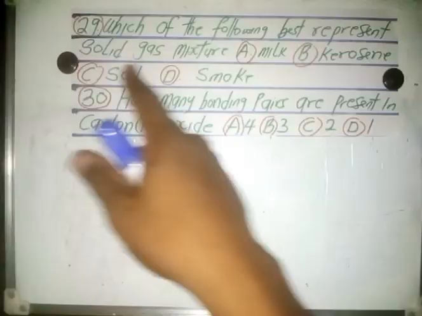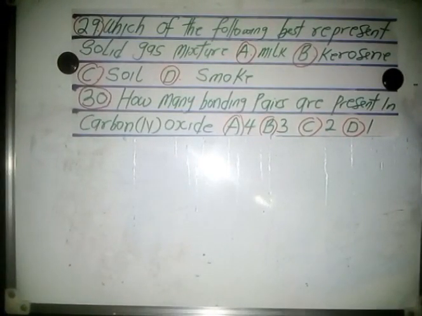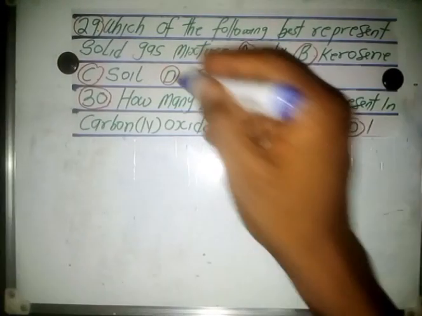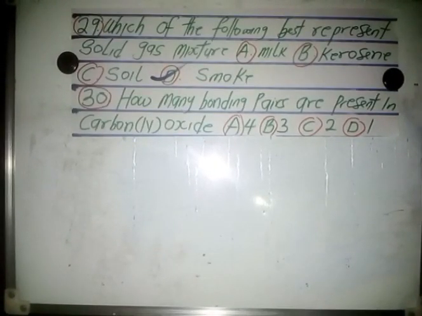Which of the following best represents a solid gas mixture? We have milk, kerosene, soil, smoke. Solid gas mixture. So your answer will be D. Smoke.